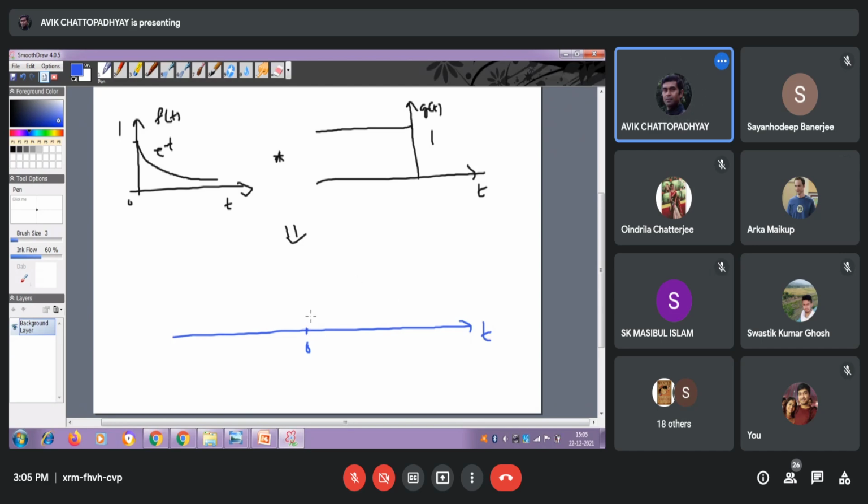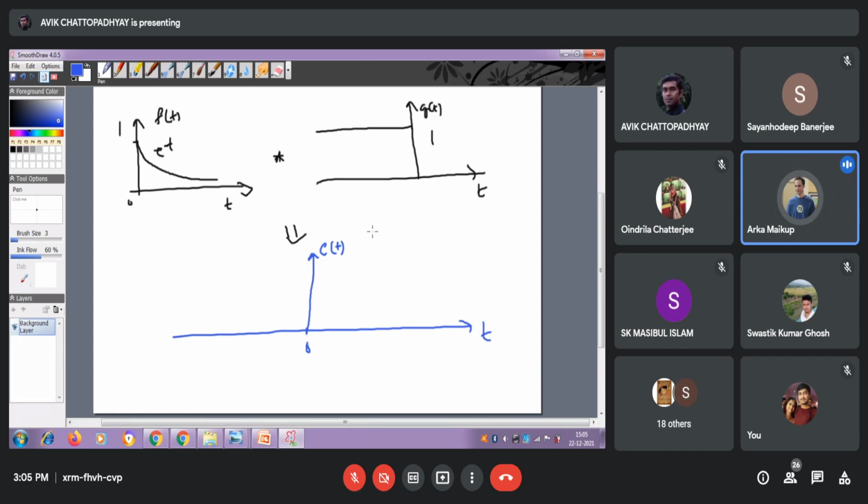Now just tell me. Sir, it will be the opposite of the first one we did. So the graph will be decreasing. I mean, if we take the limit from minus infinity to plus infinity, the graph will be increasing in nature.